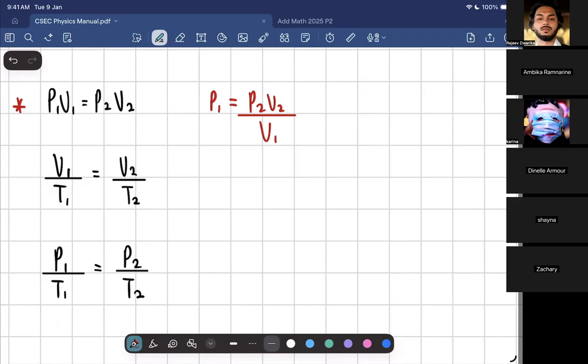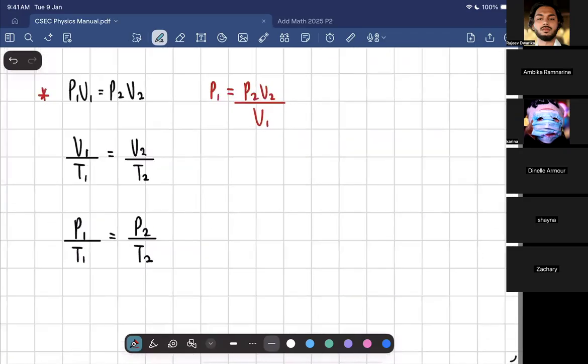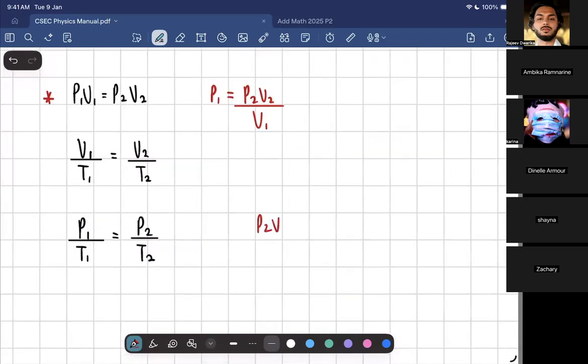In all instances, I'm seeing some trouble. If you do that, and then you would say P2 V2 all over V1 all over T1, right? And then that would be equal to P1 V1 all over V2 all over T2.